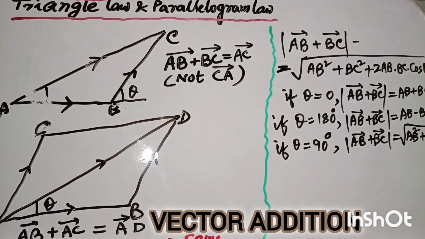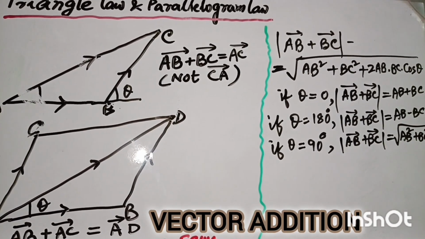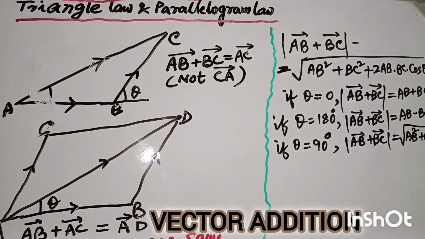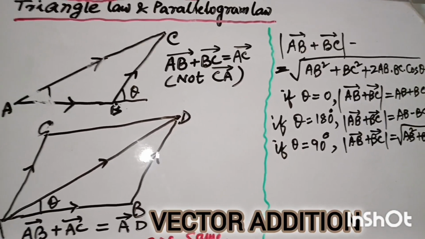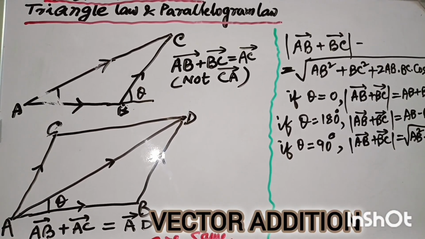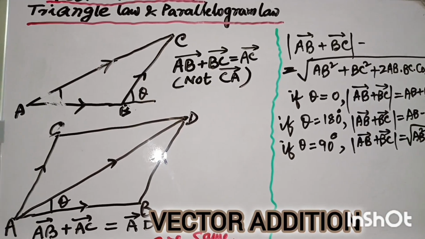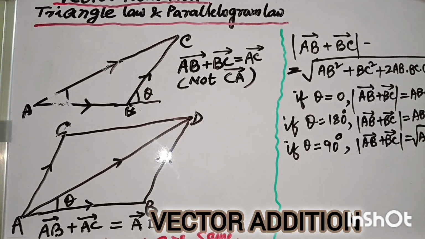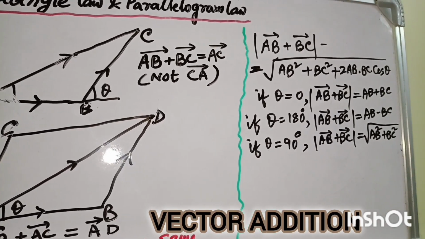We have to take that theta. Similarly in the case of the parallelogram, but in the diagram there is a small mistake. The theta is given between AB and AD, but please correct the mistake: it will be the angle between AB and AC. If this is the angle between AB and AC, then we can put it in that formula.